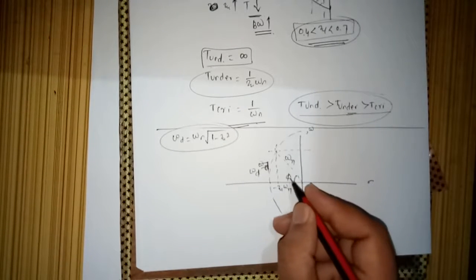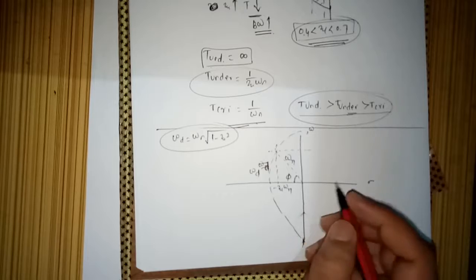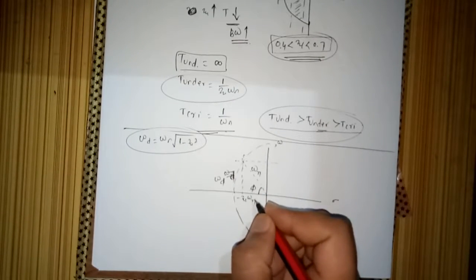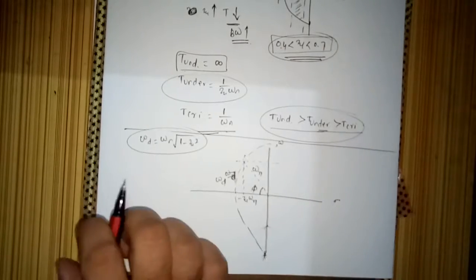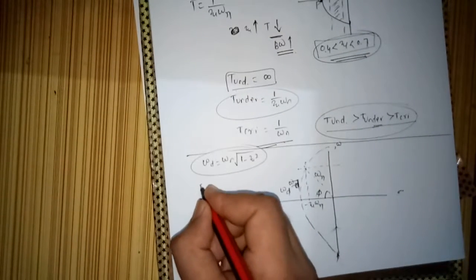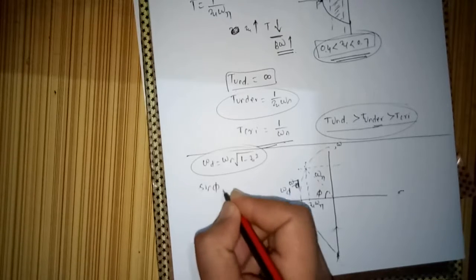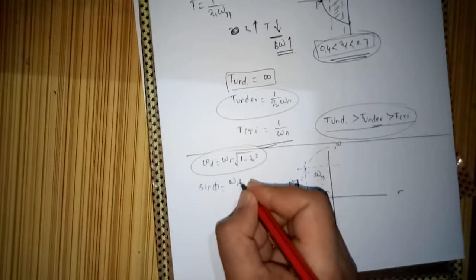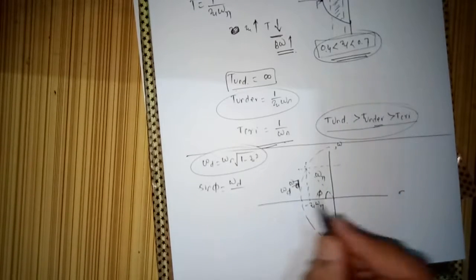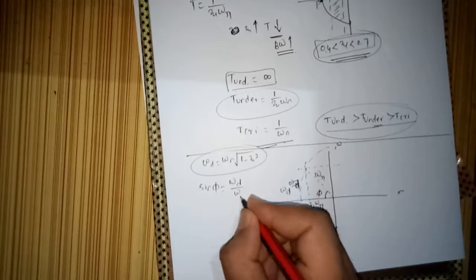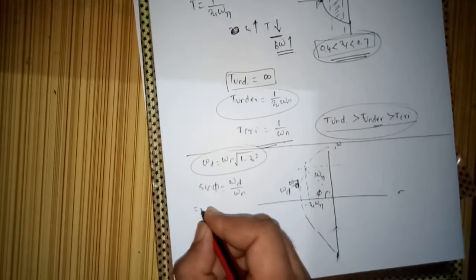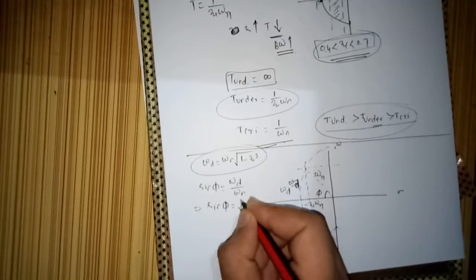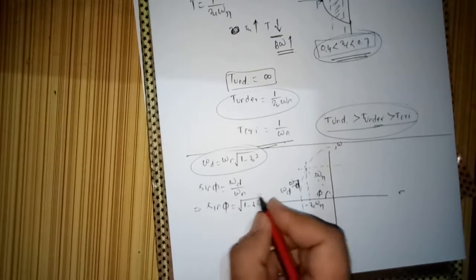That is a very important thing to determine characteristics, and while designing a system this becomes very important. So I write sine phi is equal to omega d divided by omega n, this value, right? So sine of phi is equal to root 1 minus zeta square.